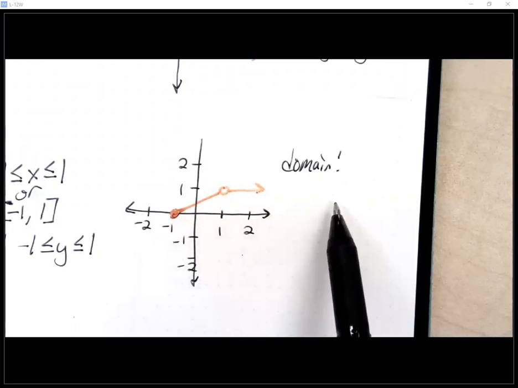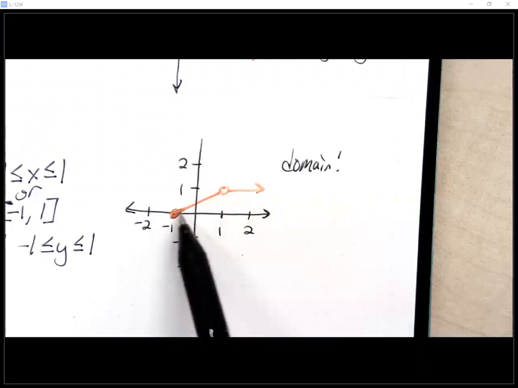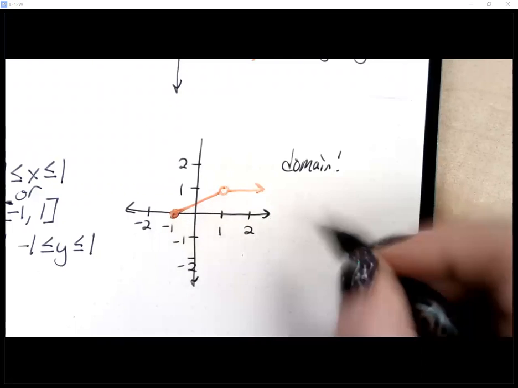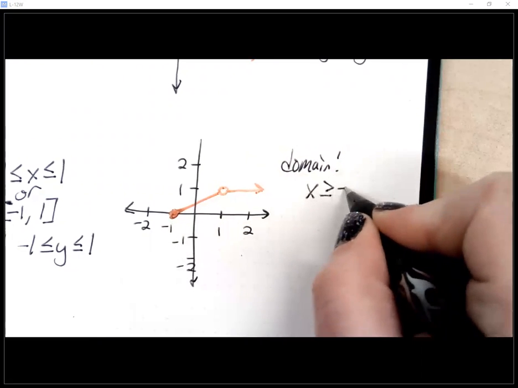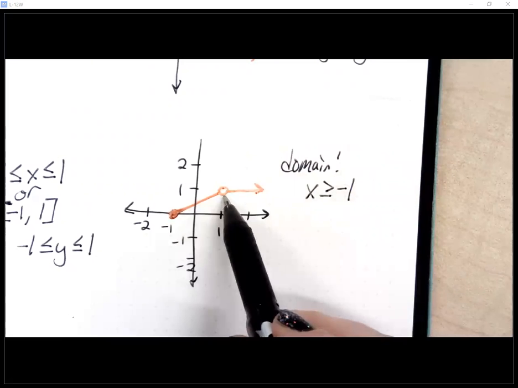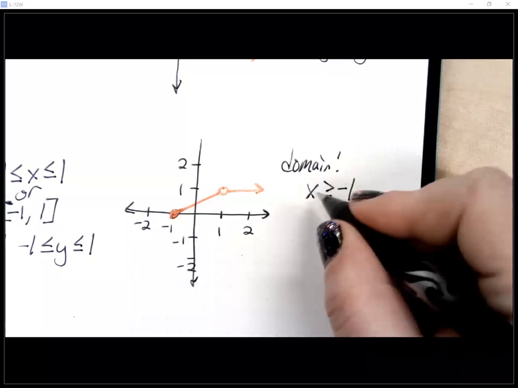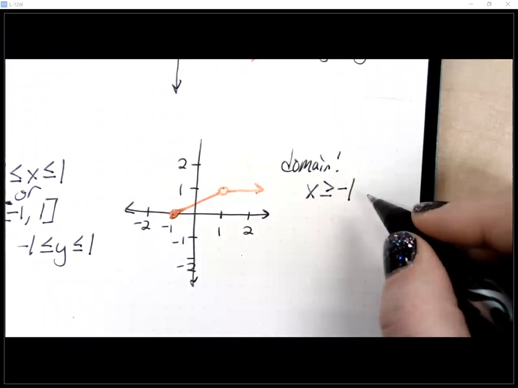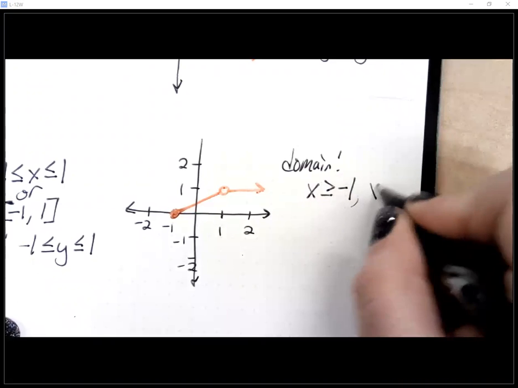I just don't have a value at +1, but I have everything else starting at -1 to forever. If that had been filled in, if this had just been a solid dot, couldn't I have said x is just going to be greater than or equal to -1? But I do have this hole right here. I just can't have +1. So I can say x is everything greater than or equal to -1, but I have to say x cannot equal +1.